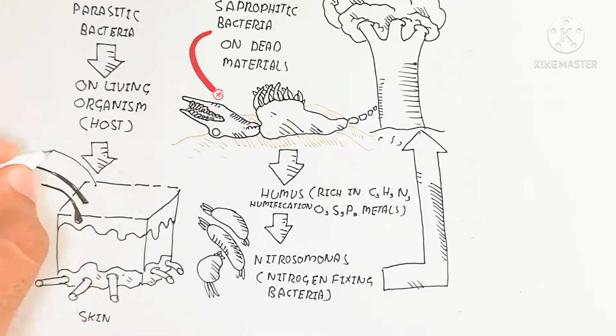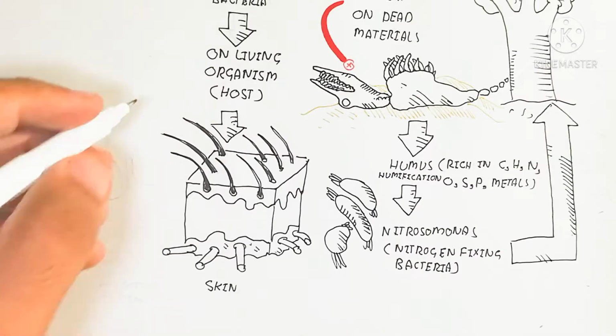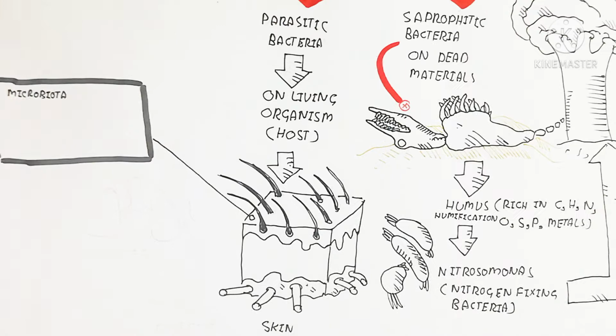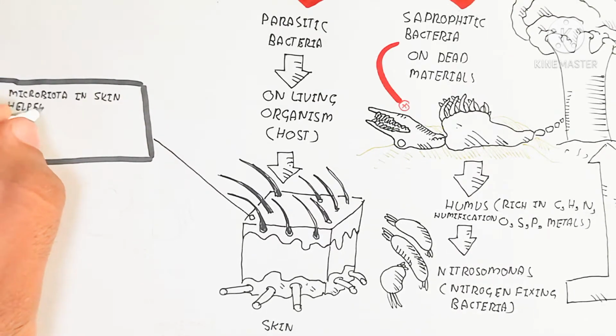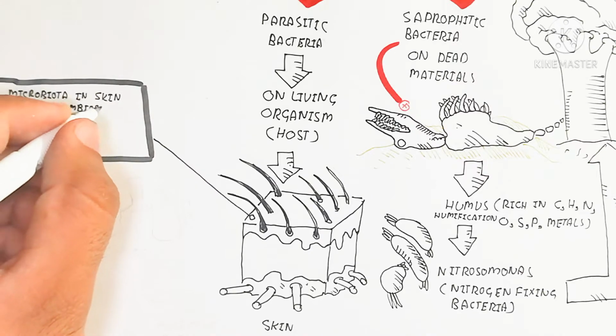A lot of bacteria are present on our skin; some act as mutualistic symbiosis while others are parasitic symbiosis.